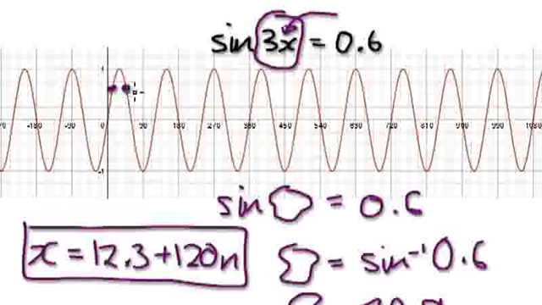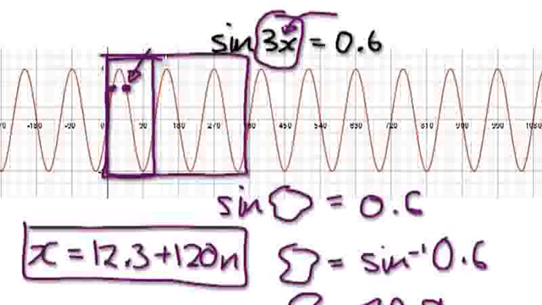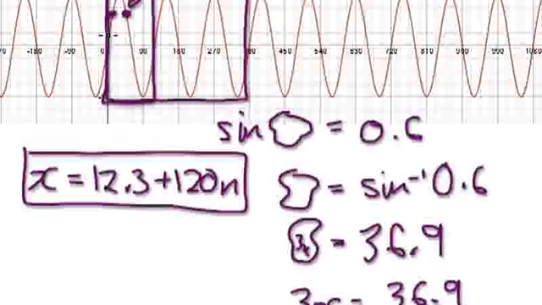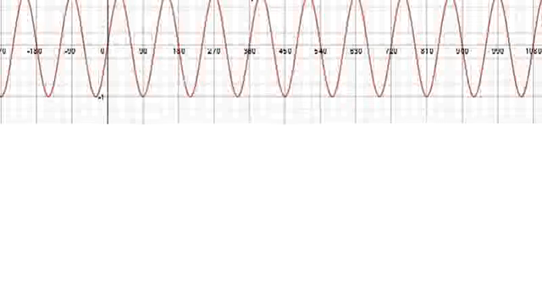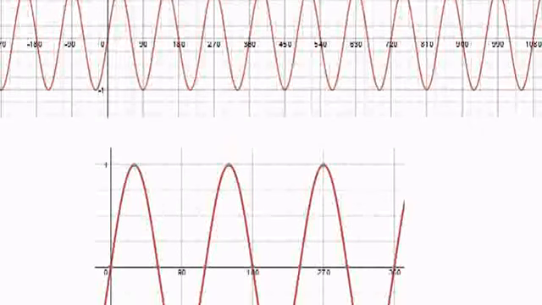And then we also need to find out this point here. Again, you would need to develop your own way of finding out this solution. So 360 is one cycle. Divided by 3, that would give us this bit here. Let me just zoom into this bit here. This is the same graph.